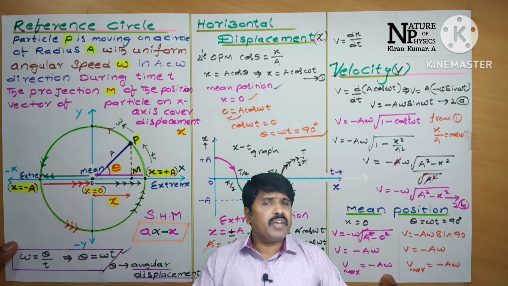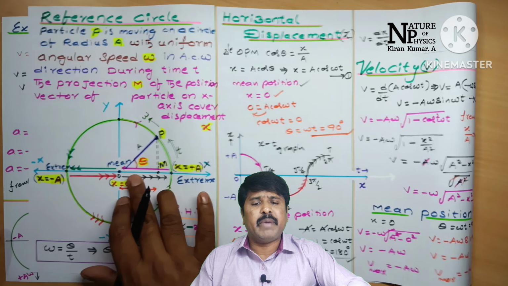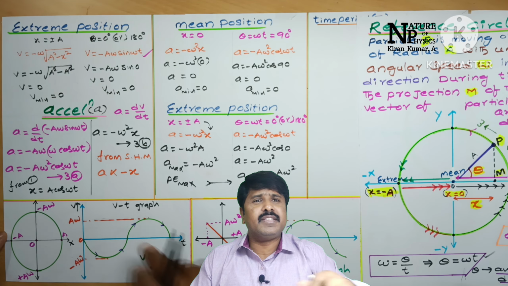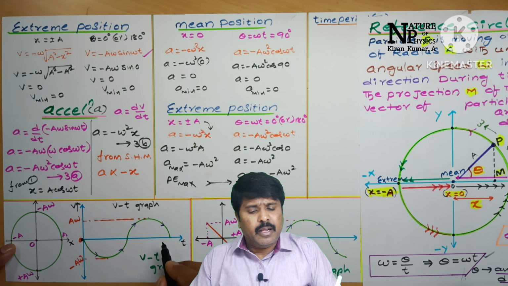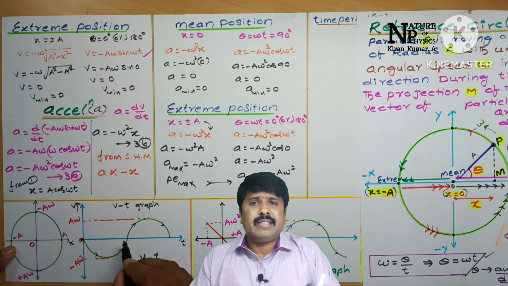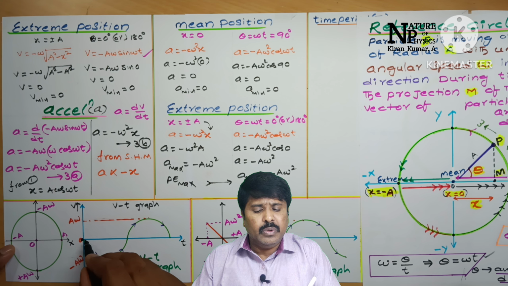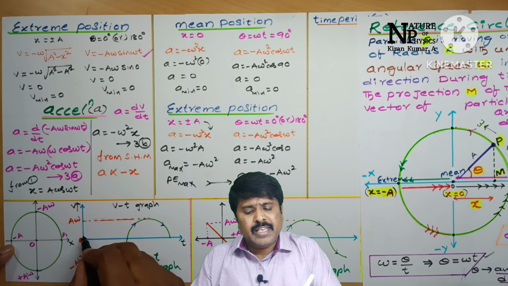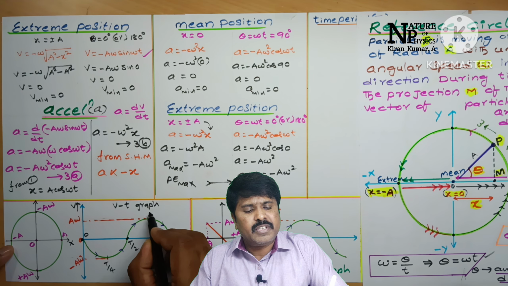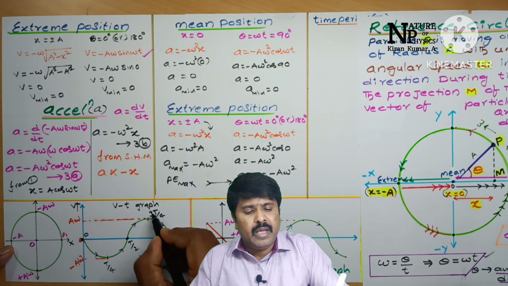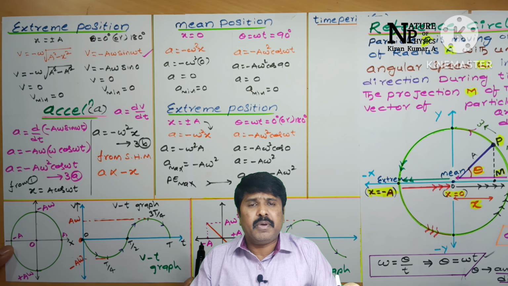At the mean position velocity is maximum, and at the extreme position velocity is minimum, so that is represented clearly here. This is representing 0 time, this is the time T divided by 4, this is T divided by 2, this is 3T divided by 4, and this is the total time period.